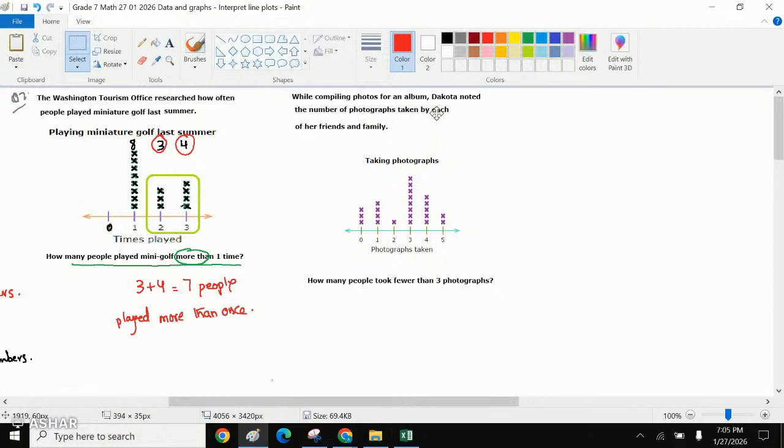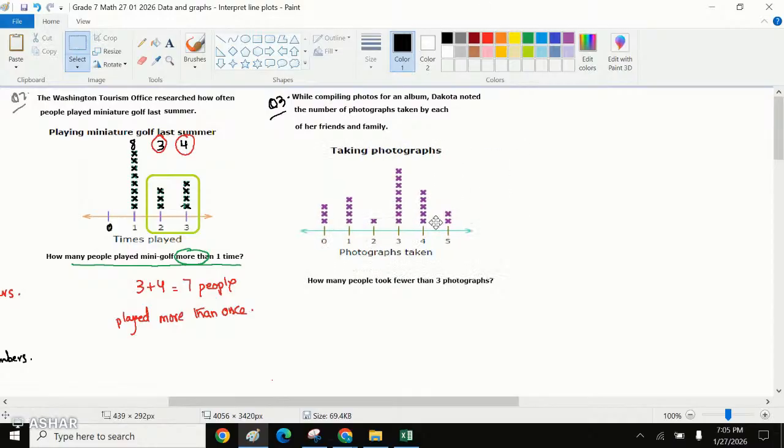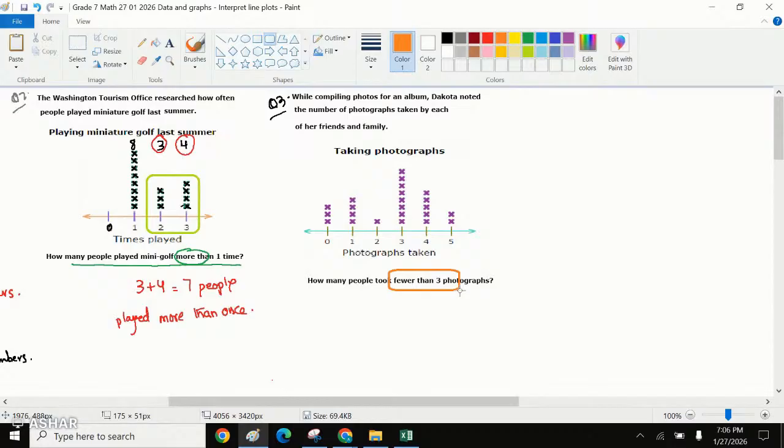Okay, while compiling pictures for an album, Dakota needed the number of pictures taken by each of her friends, right? So this is the given information. Okay, and they're asking us how many people took fewer than 3 pictures, right? Less than 3.